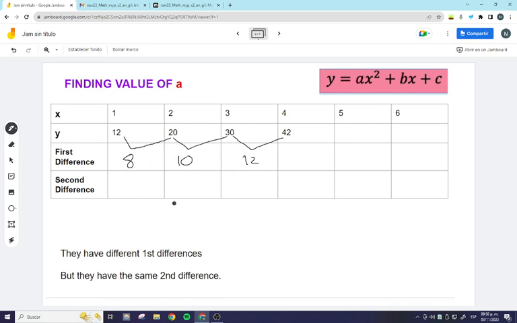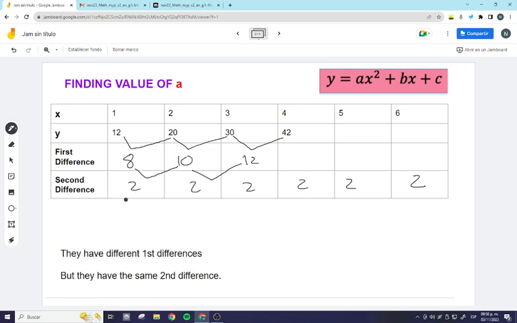And we can assume right now that it's growing. The first difference is growing by 2. Look, the difference between 10 and 8 is 2. That's the second difference. Between 12 and 10 is 2. And you see that we always get the same second difference. So this is always going to be 2 if it is a quadratic pattern.